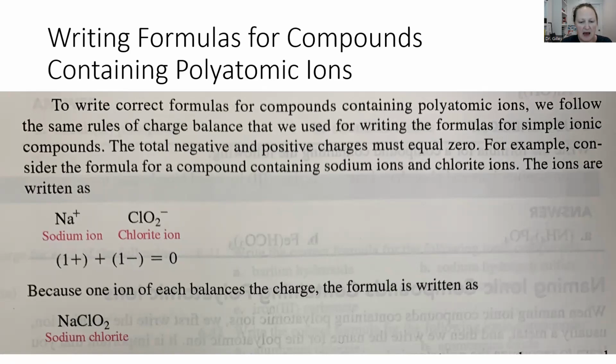The formula is written where we start with the symbol for sodium, Na, followed by the symbol for chlorite, which is ClO2. So we just put the metal first, followed by the non-metal.